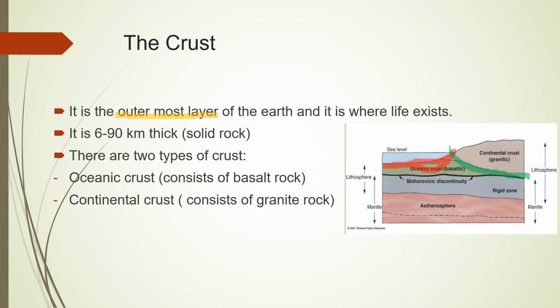One of the types of rocks that we have is the granite rock. You'll find out more in that topic. For now, just know that the continental crust consists of granite rock.